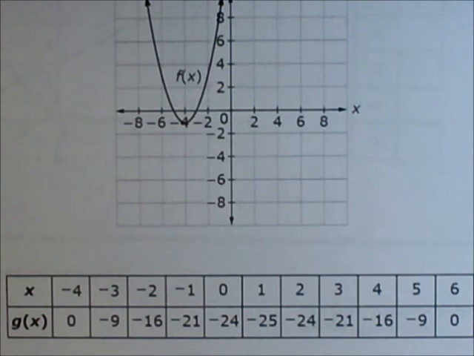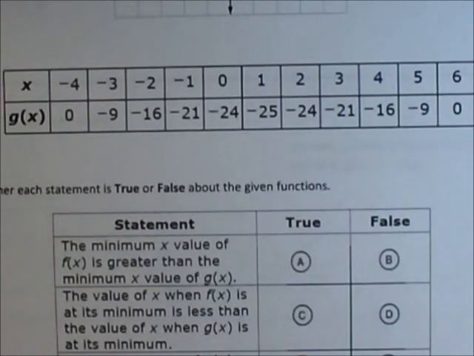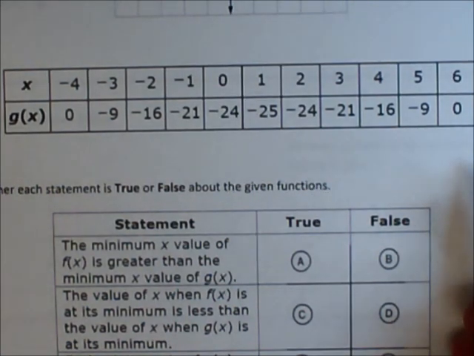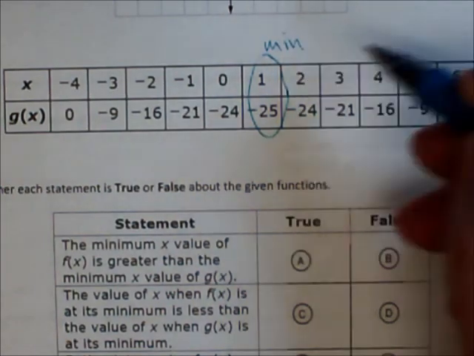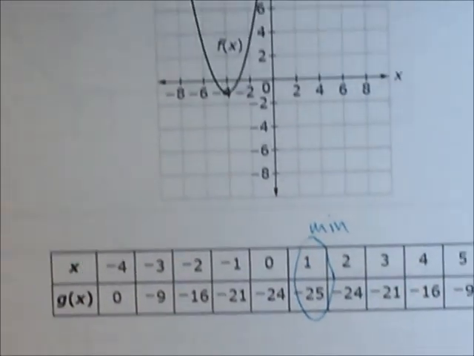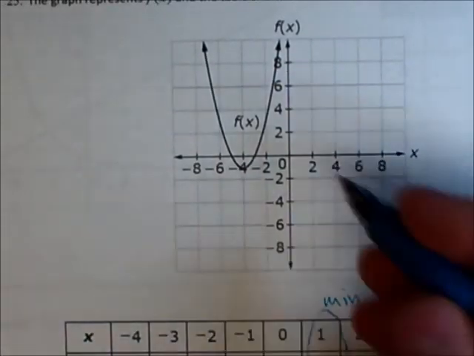Okay, the first statement. The minimum x value of f of x is greater than the minimum x value of g of x. Okay, the minimum x value of g of x, the minimum is here. Whereas in the graph of f of x, the minimum is here.